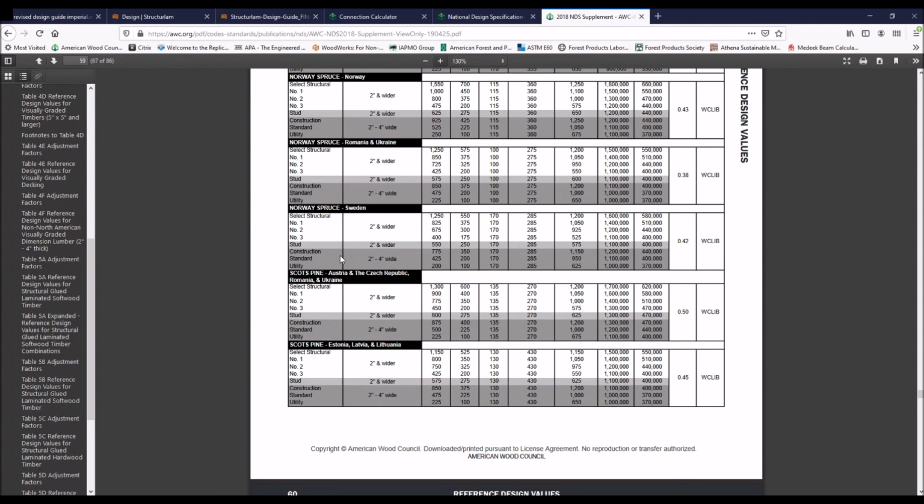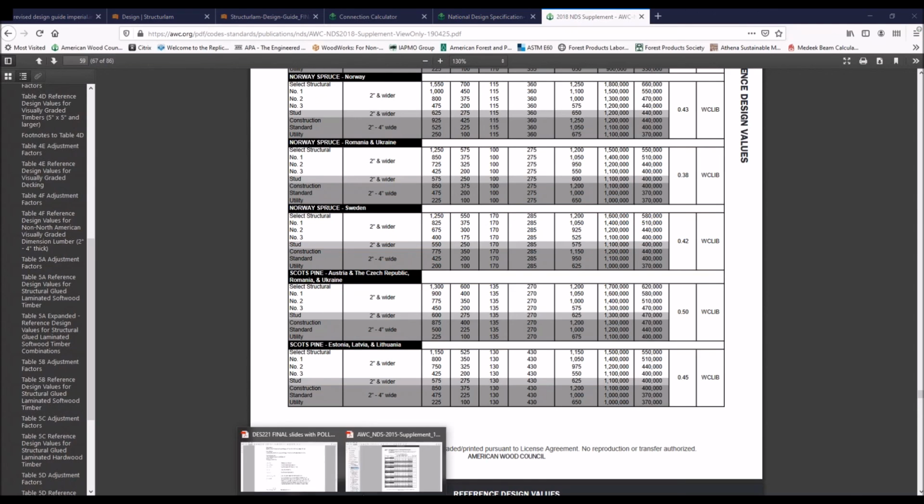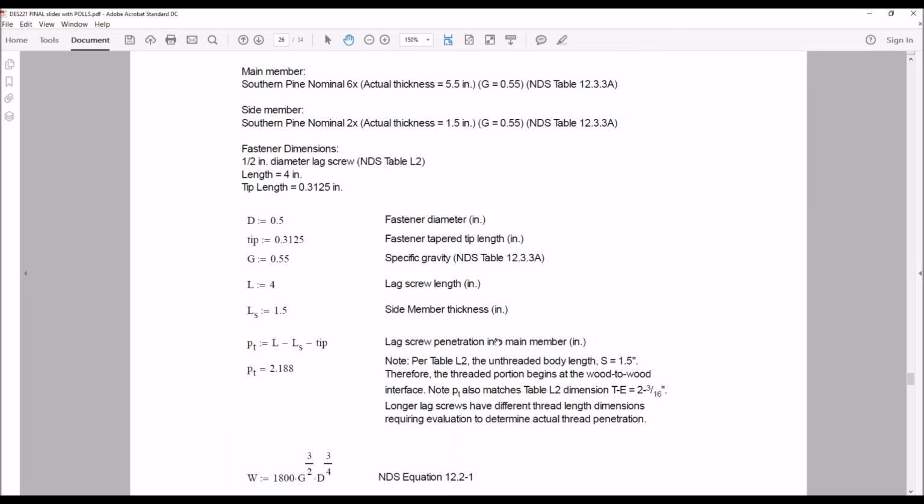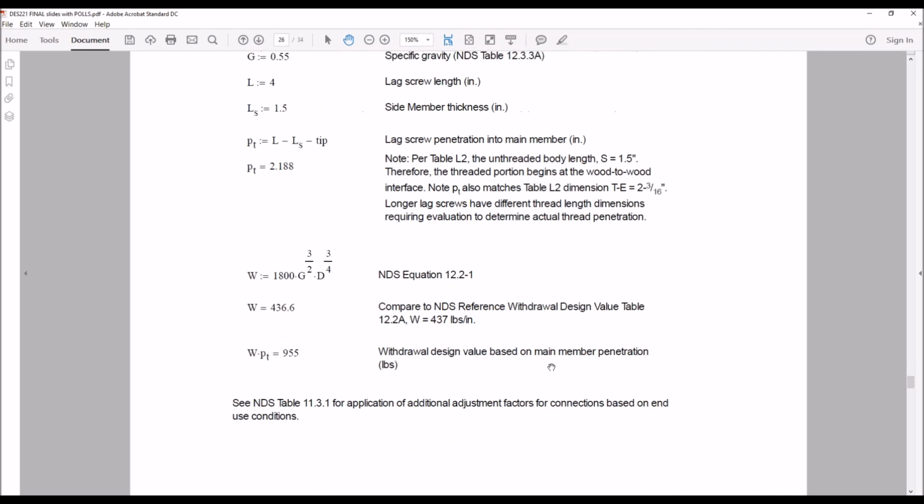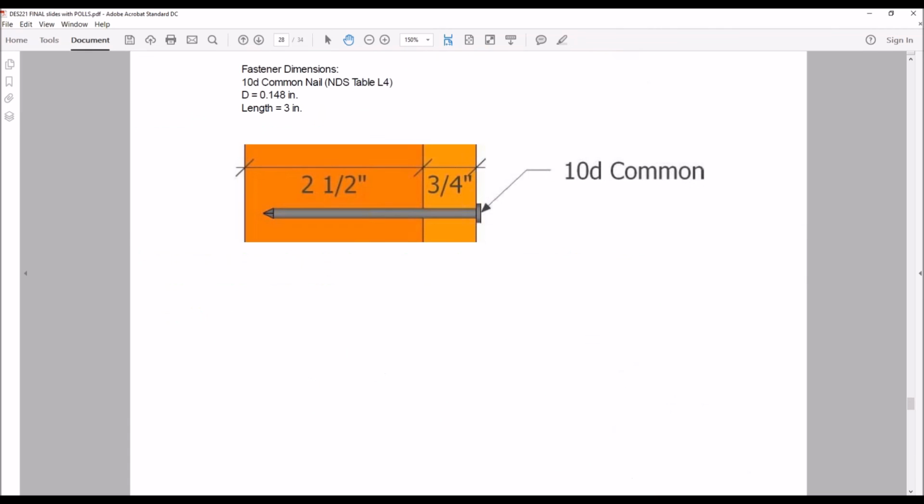That's a good question. So both of the examples we did today, let's see, we only did one shear example, but that was a single shear connection. So that means we only have one shear plane. That's where these two members meet that are being connected.